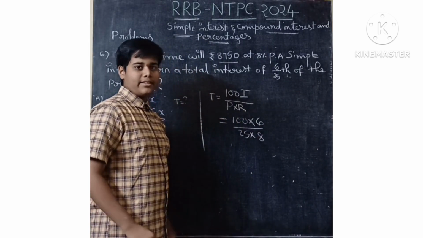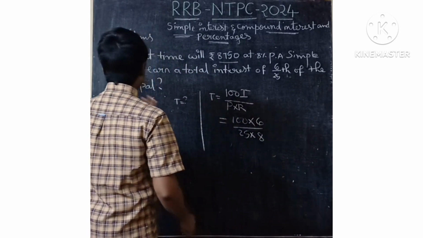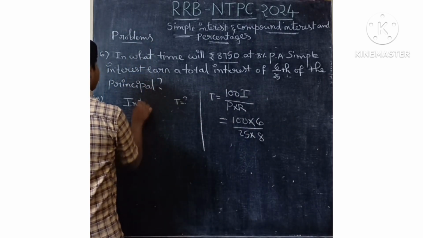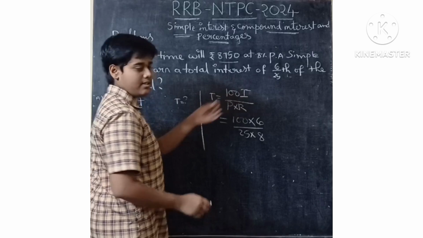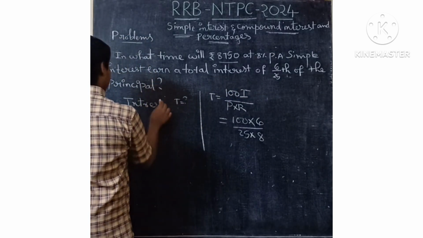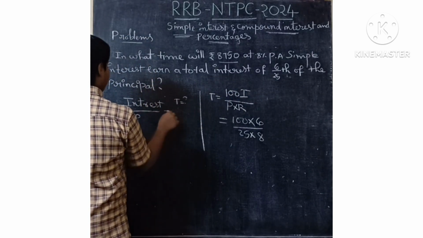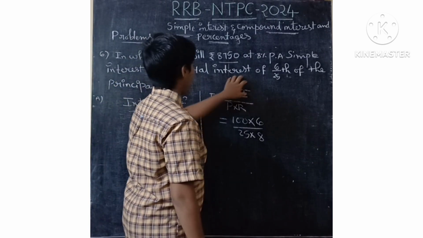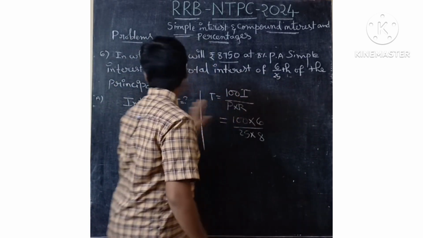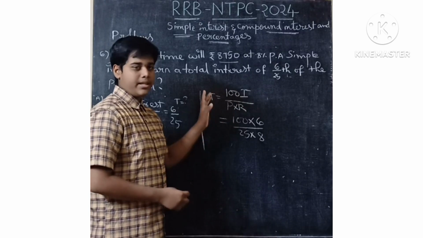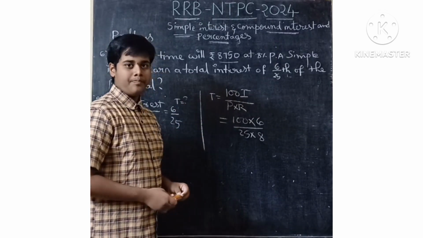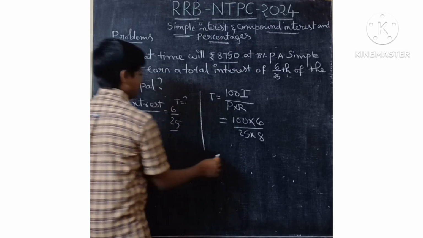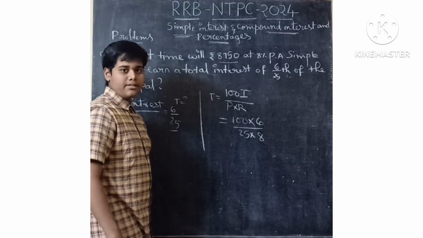Why I wrote it like this: before taking the variables in very simple form, here the 6 by 25th part is interest by principal, because the interest earned is a total of 6 by 25th part of the principal, which means interest by principal is 6 by 25. So interest by principal is equal to 6 by 25, like this we can write easily.